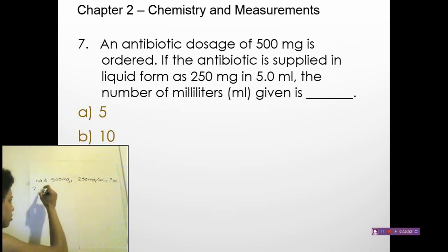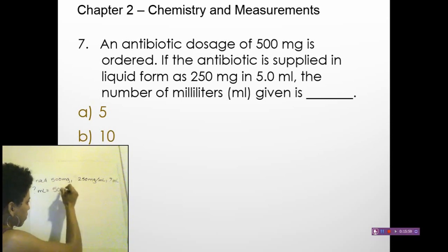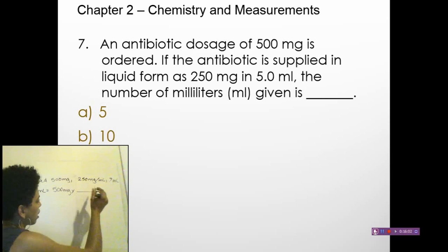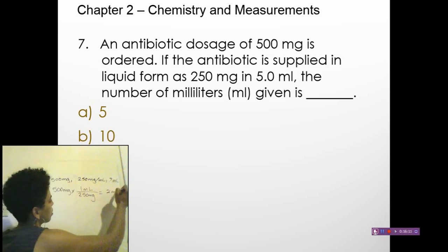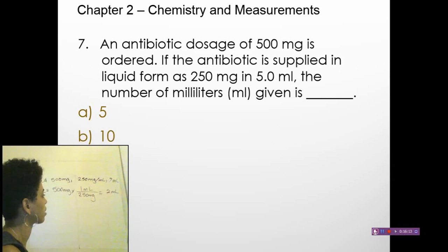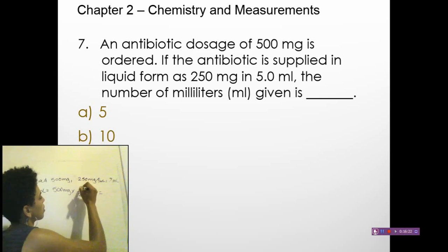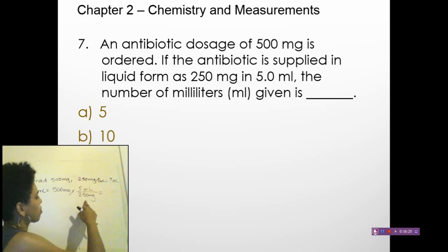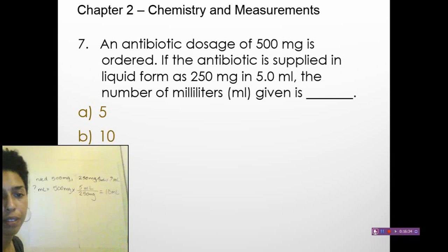We start off with what we want, and we need 500 milligrams, and every 5 milliliters contains 250 milligrams. So 500 divided by 250 is going to be 2. 2 times 5 is 10. So we're going to need 10 milliliters. So what's our answer? 10.